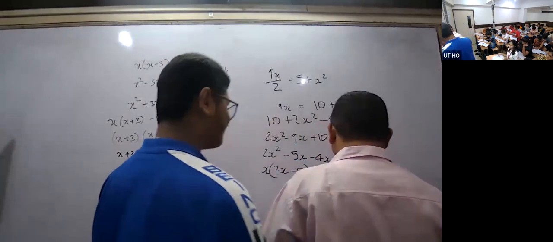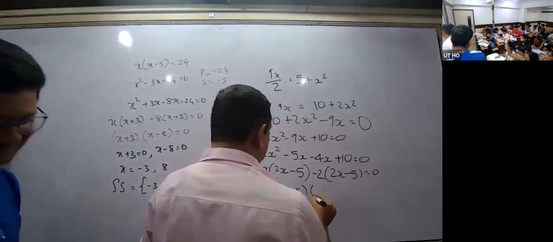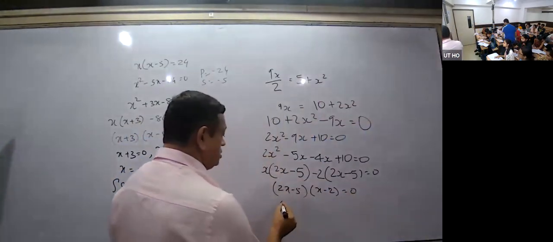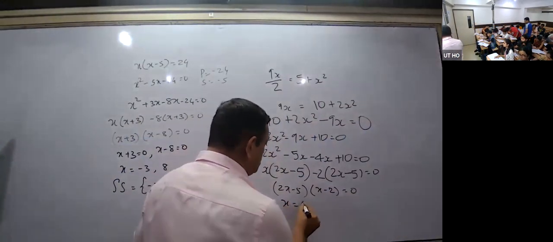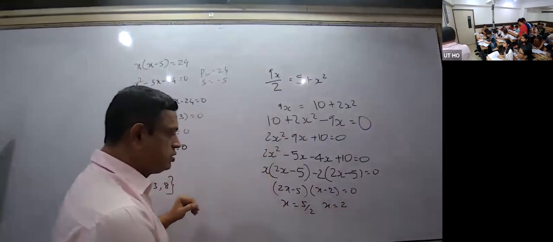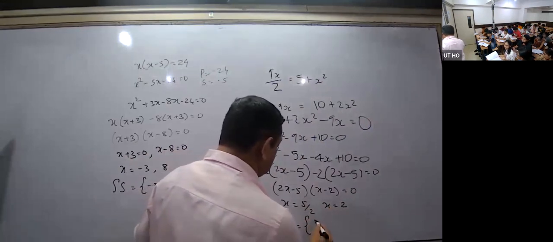Equal to 0. 2x minus 5. The third person came over here and could not complete properly. So 2x minus 5, x equal to 5 by 2, x equal to 2. 3 people came over here, all 3 could not do.